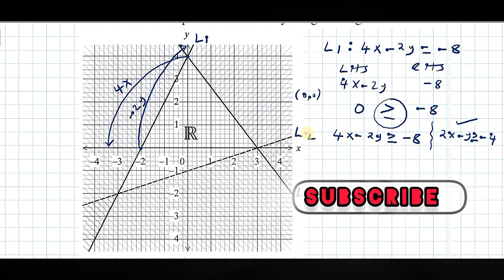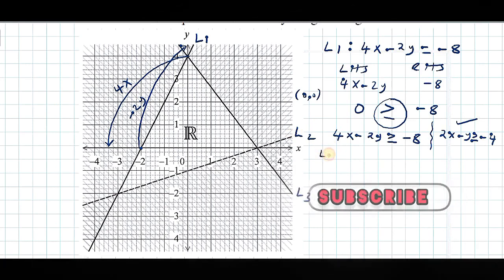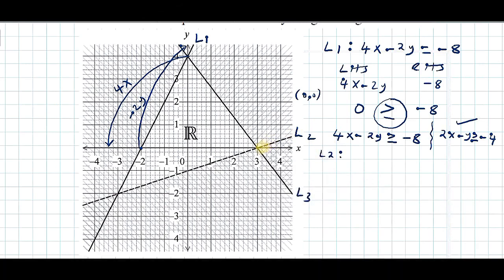Let's consider line 2. For line 2, we are going to have the x-intercept, which is +3. +3 multiplies y, and that gives us 3y.